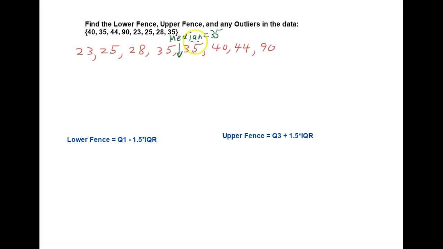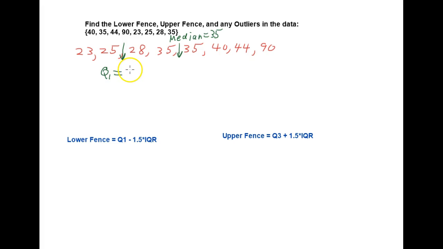Then we don't use the median, at least we won't in this video. We use the remaining 4 numbers. So 23, 25, 28, and 35. So the first quartile will be right in between 25 and 28. So I'll label that Q sub 1. The first quartile is halfway between 25 and 28.